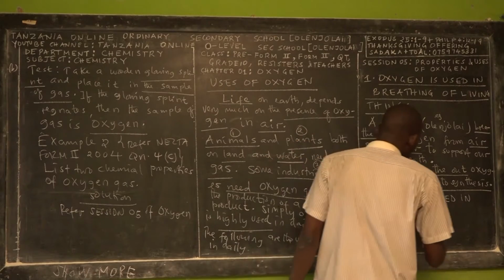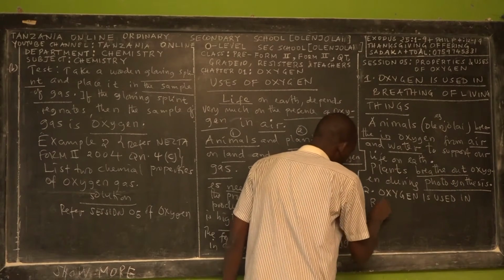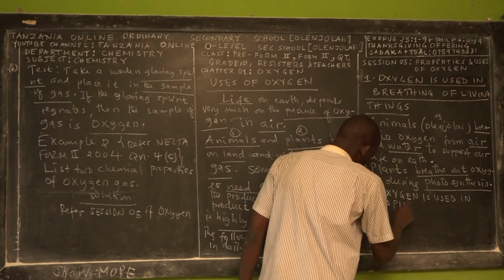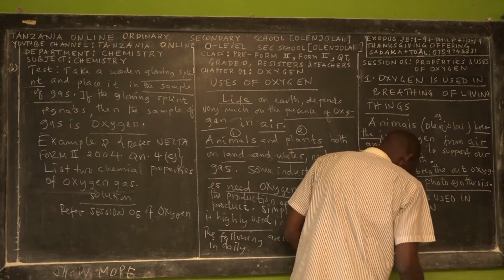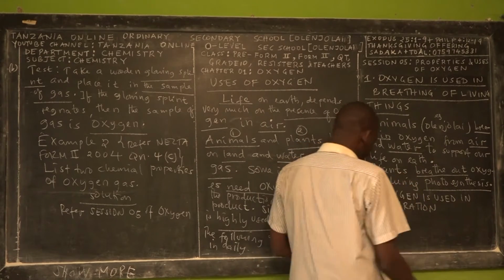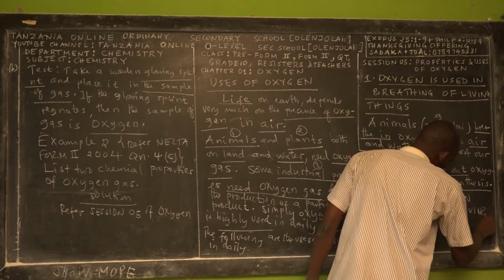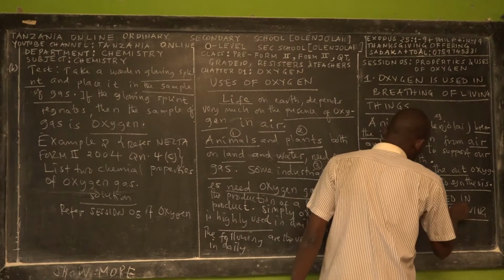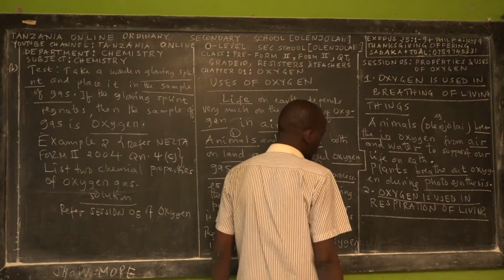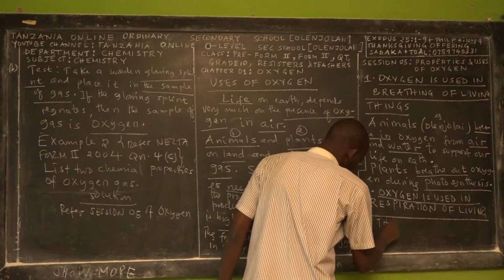Now the second use: oxygen is used in respiration of living things. I changed the word in the first use because I was talking about breathing in and breathing out of living things.